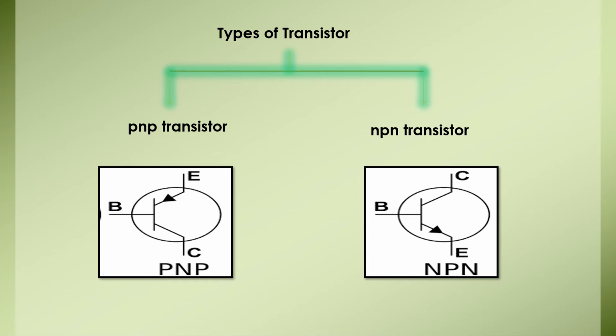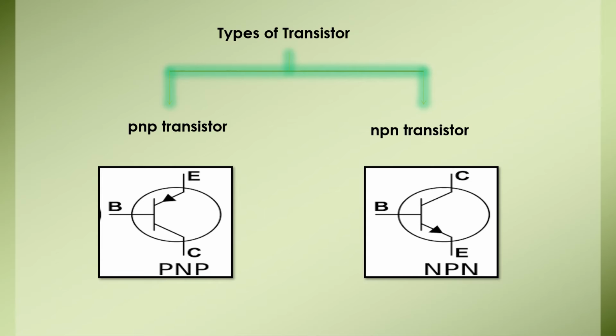We all know that current always flows from the positive terminal to the negative terminal. In this PNP transistor, the emitter means p-type semiconductor, the base means n-type semiconductor, and the collector means again a second p-type semiconductor. Means current flows from the p terminal to the n terminal.